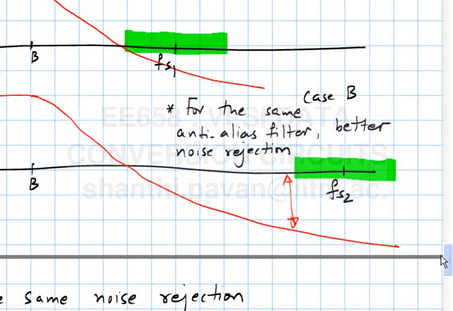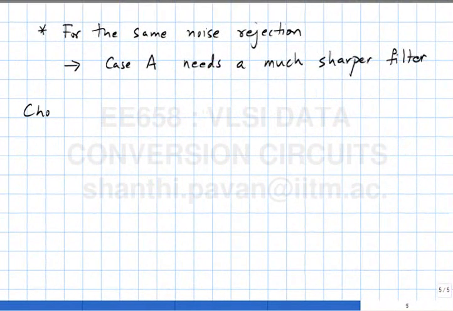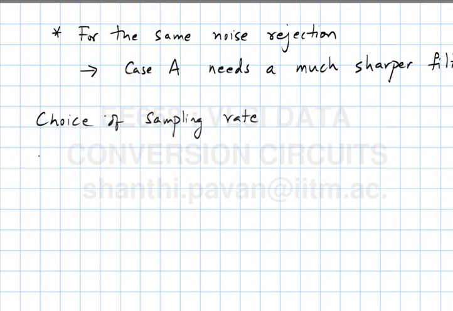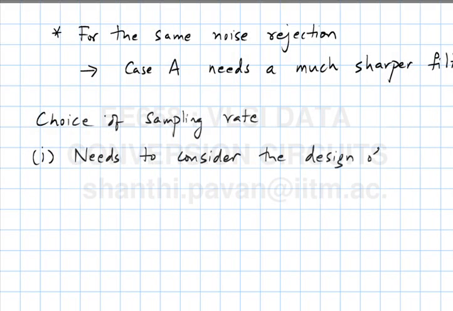Okay. So the choice of sampling rate needs to consider the design of the anti-alias filter.